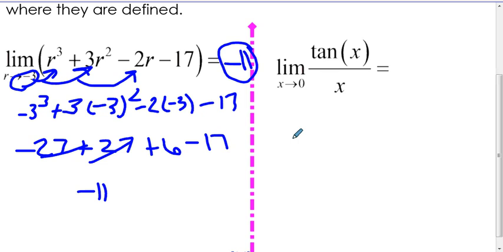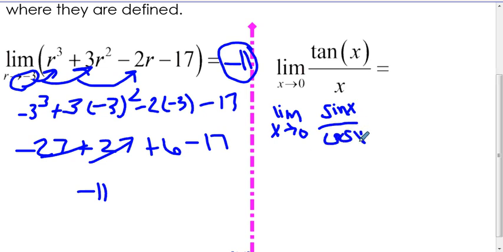So we want to try to rewrite this problem in something that could help us. Tangent, if you remember from last year, is sine over cosine. So we're going to rewrite this as the limit as x approaches 0 of sine of x over cosine of x, right?